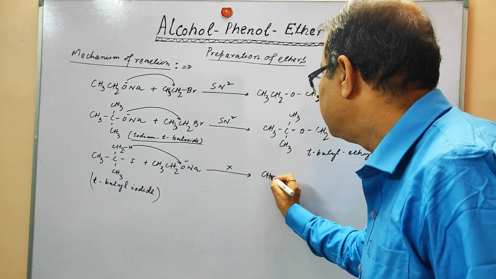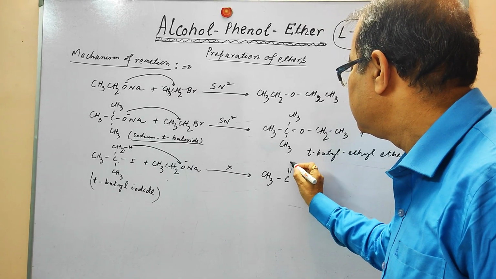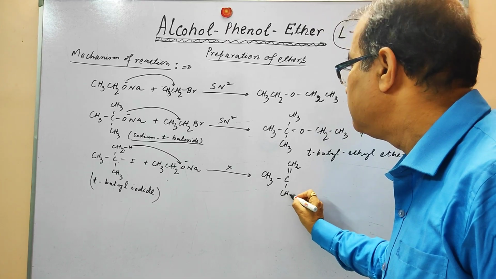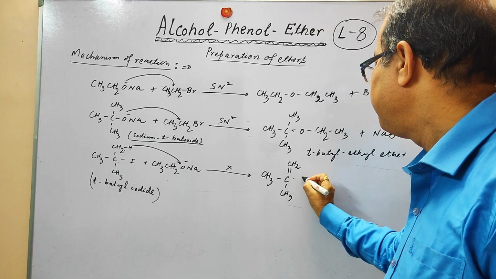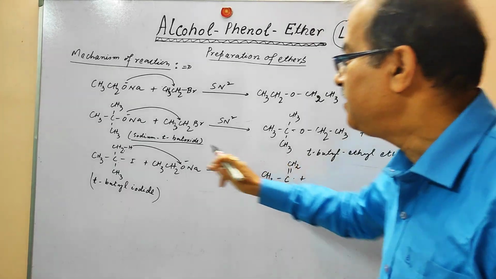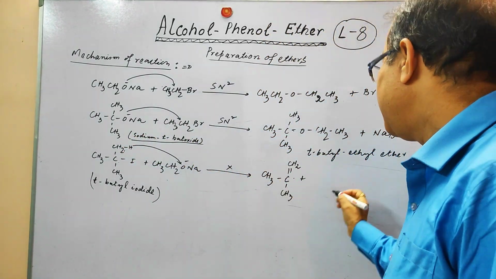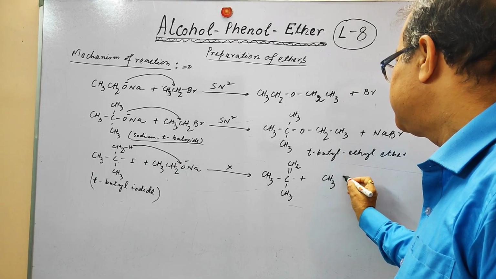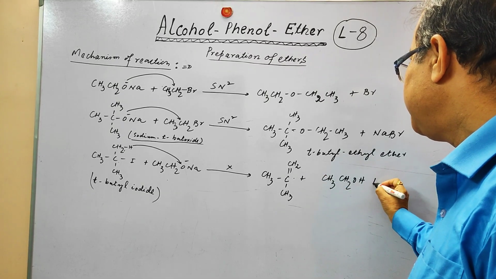So you can see here a double bond has been created because this hydrogen atom has been taken up by the ethoxide ion, and this will produce this alcohol, and the alkene is produced.